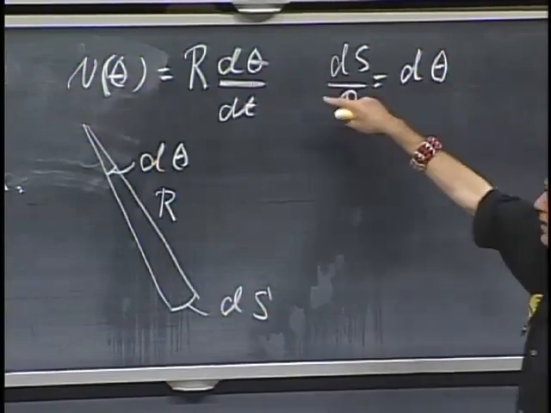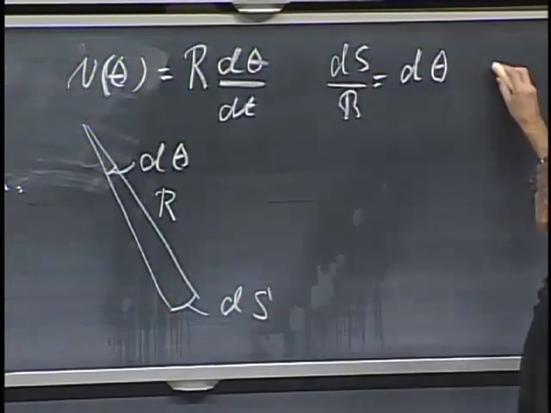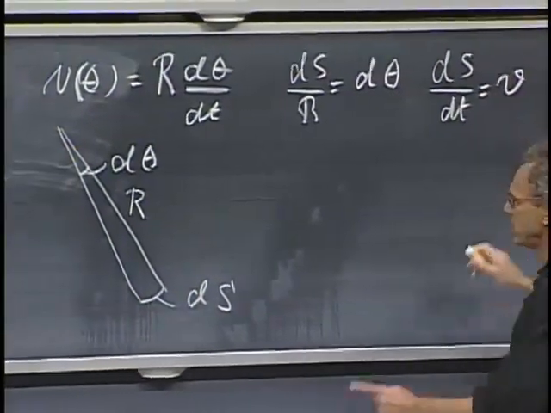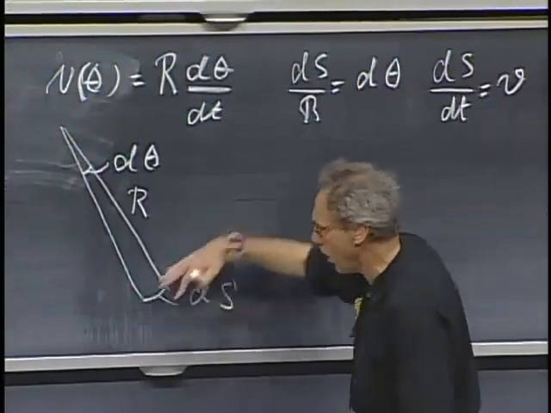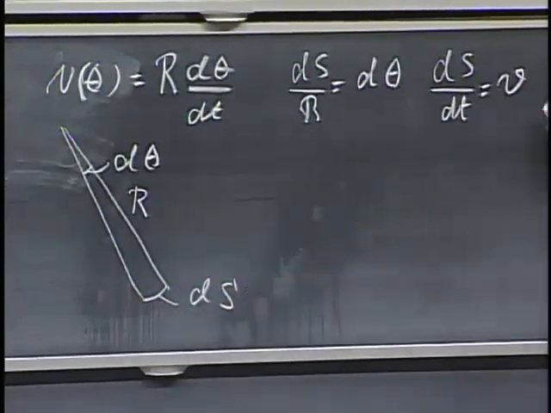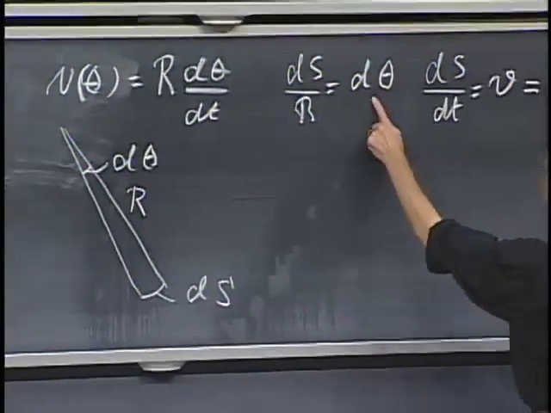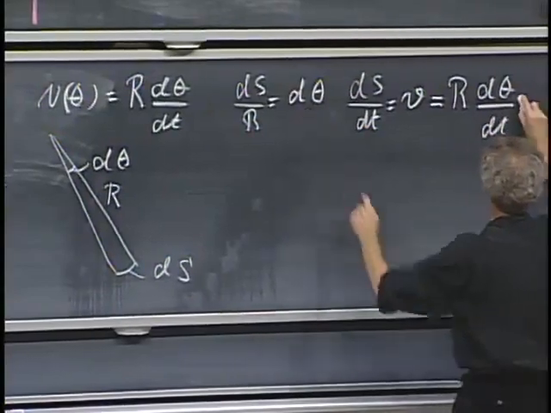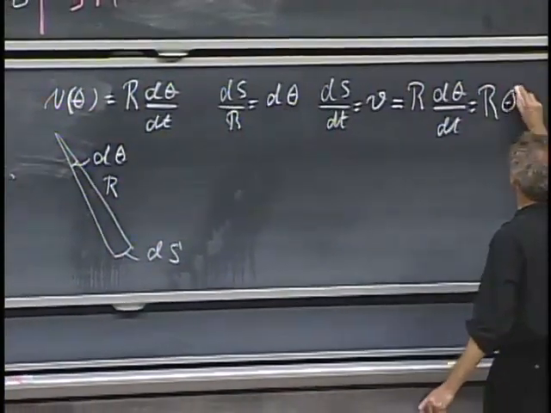So I take the time derivative, left and right. So I get ds dt, which, of course, is the tangential velocity along that arc, equals r times d theta dt, for which you can write r theta dot.